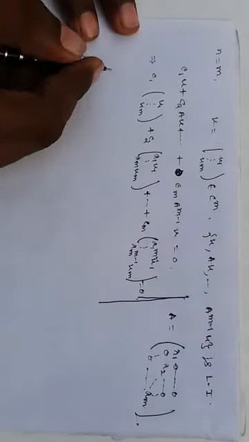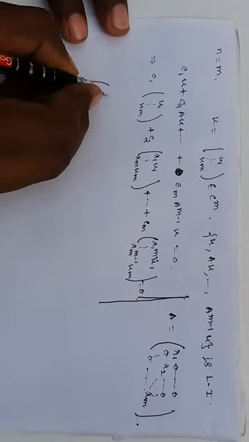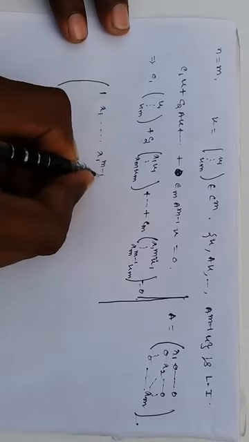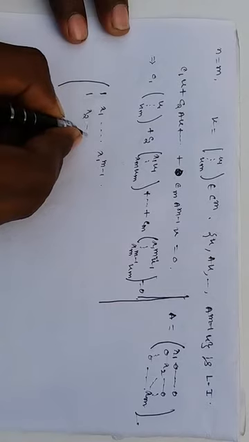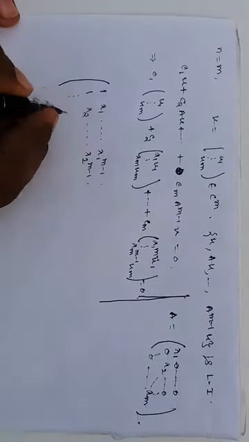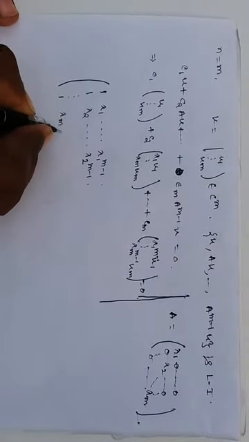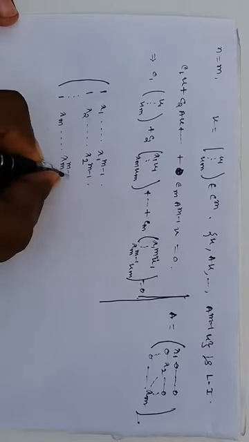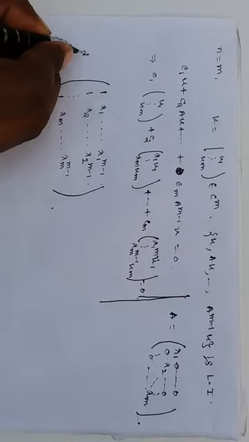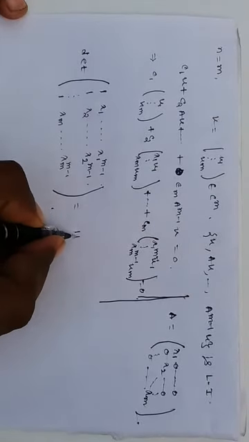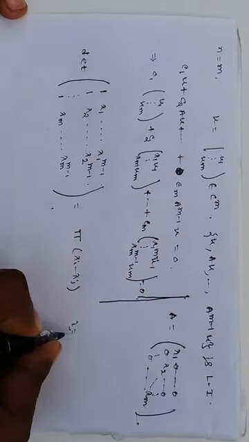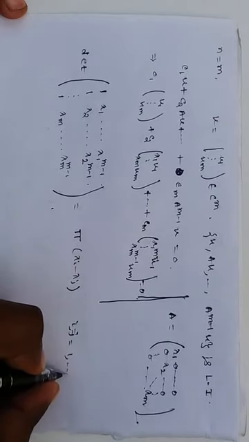So in that case the coefficient matrix becomes rows 1, lambda 1, ..., lambda 1 to the power m minus 1, through 1, lambda m, ..., lambda m to the power m minus 1, and these are the coefficient matrix corresponding to these relations. The determinant of this matrix is equal to the product of (lambda i minus lambda j), where i and j belong to 1 to m.